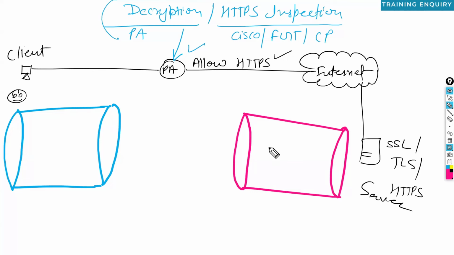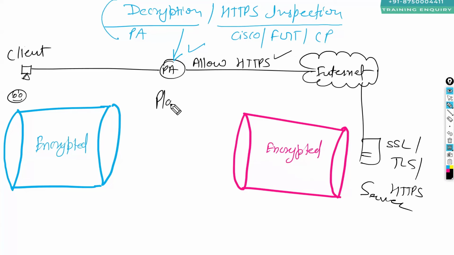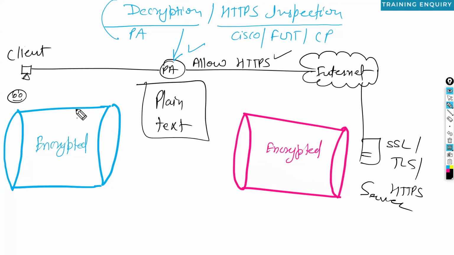When the data is in transit, it is in encrypted format. But when the data is at the firewall, it is in plain text format. So encrypted data will be converted into plain text format.